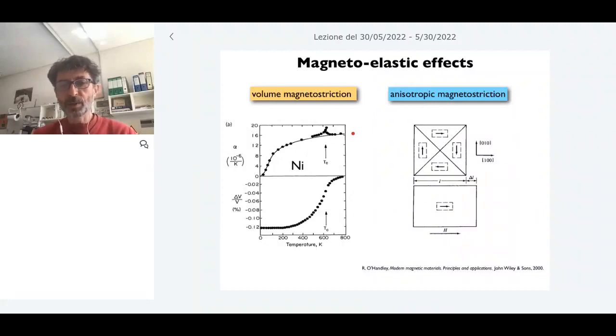If you're increasing temperature, you are passing from an ordered state to a disordered paramagnetic state. The result is shown here at the bottom. This is just the integral over the curve above, not the full curve, but just the difference between the measured point and the full line. This is the extra volume that you get because you have a transition from ferromagnetic order to paramagnetic state. As you see, from 0K to above Curie temperature, this change is very small.